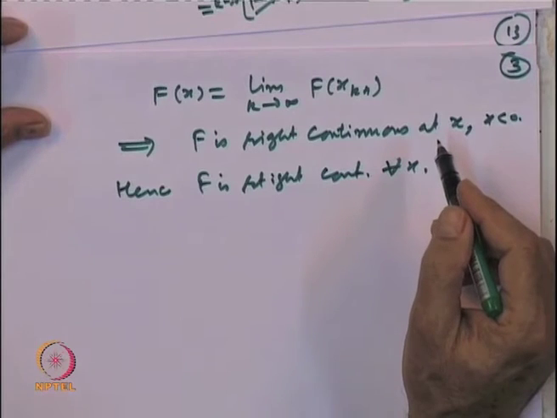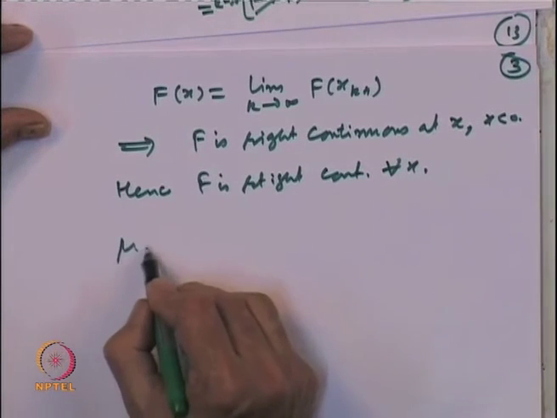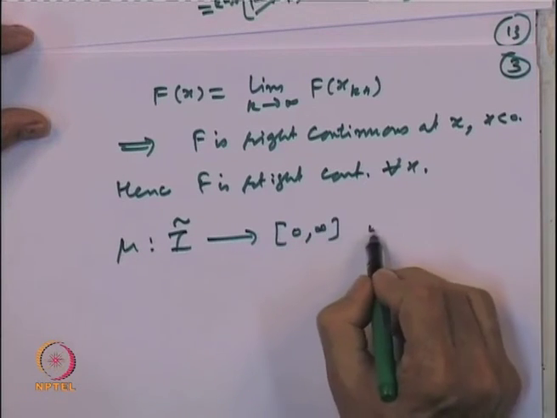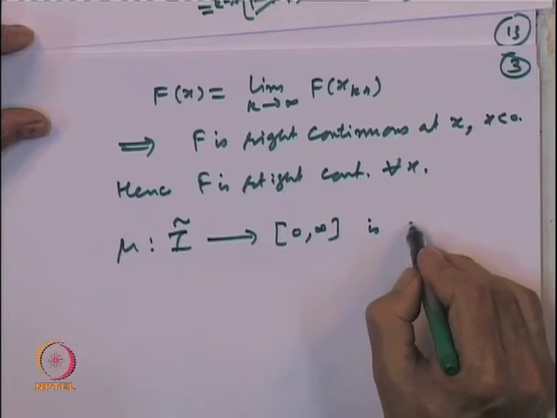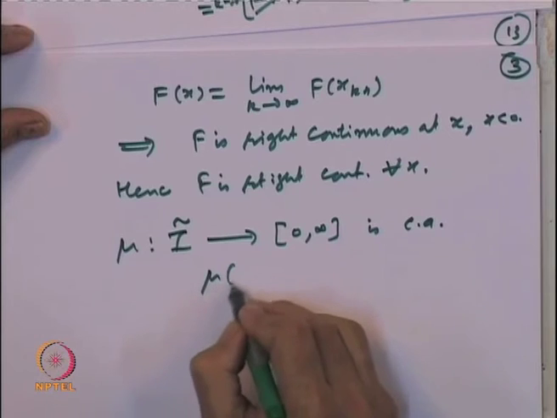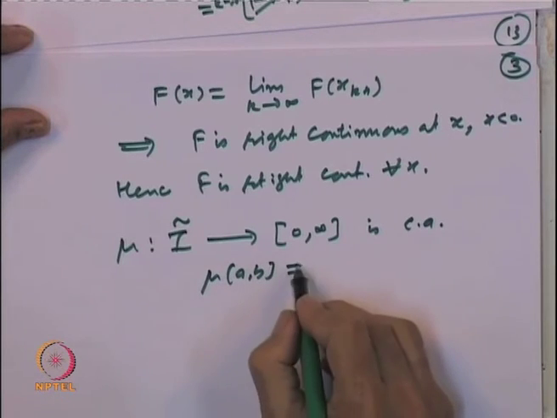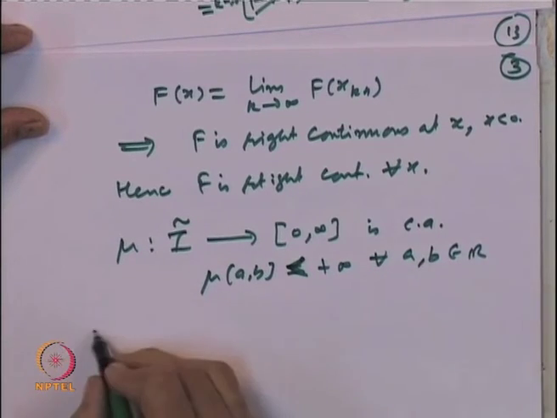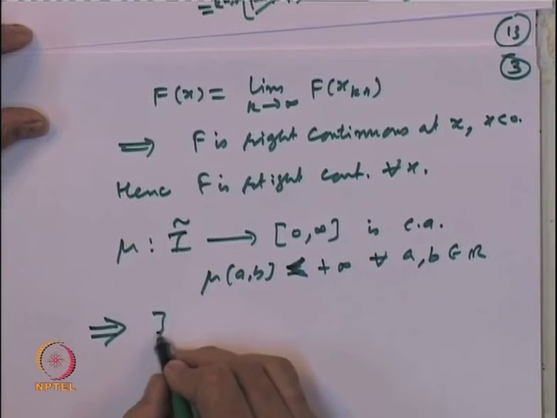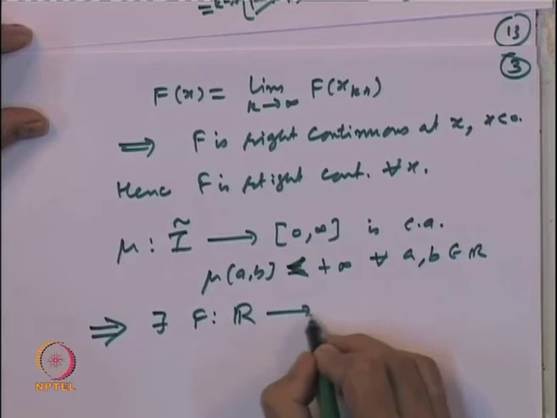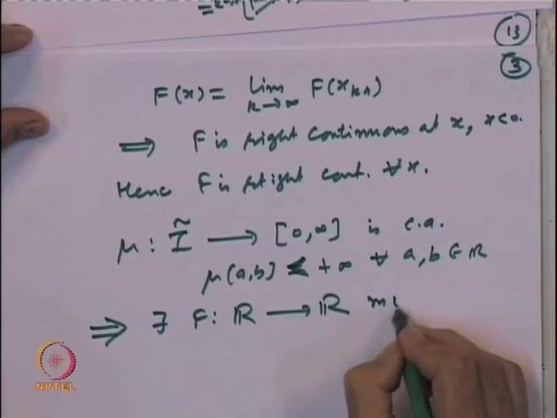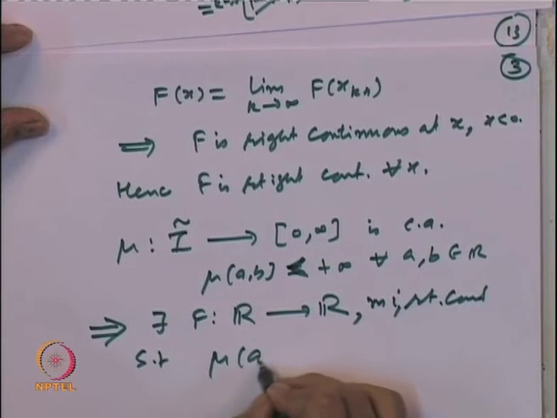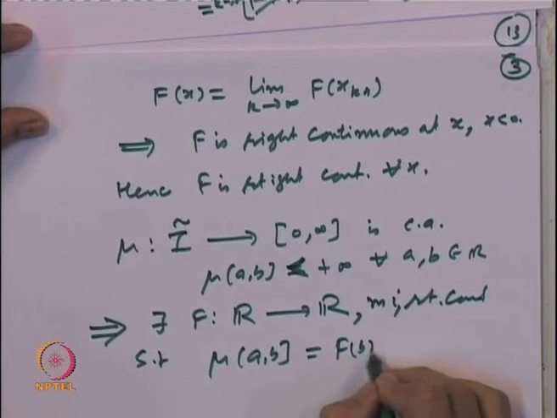So, this proves the theorem that if mu on the class of all left open right closed intervals is a measure, is countably additive, with the property that mu of (a, b] is finite for every a, b in R, then there exists a function f which is monotonically increasing and right continuous, such that mu of (a, b] is equal to f of b minus f of a.